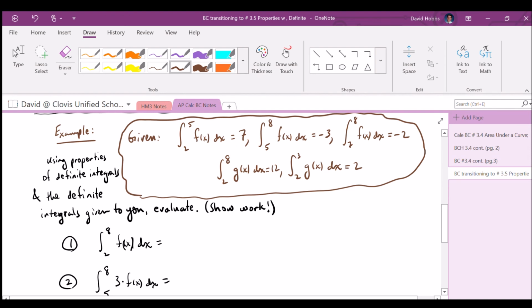So if we're being really formal here, I could say this is equal to the definite integral from 2 to 5, don't forget our dx, plus the definite integral from 5 to 8, which is then 7 plus -3, which is 4.